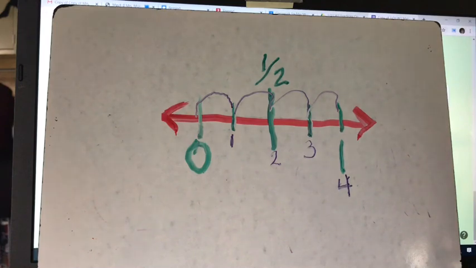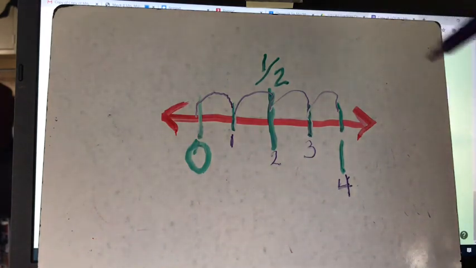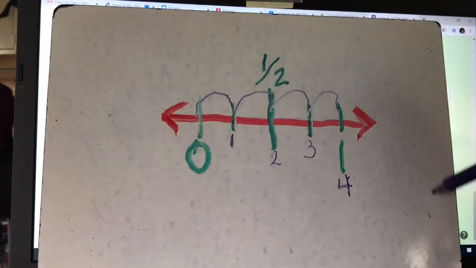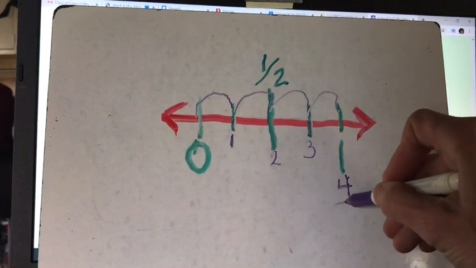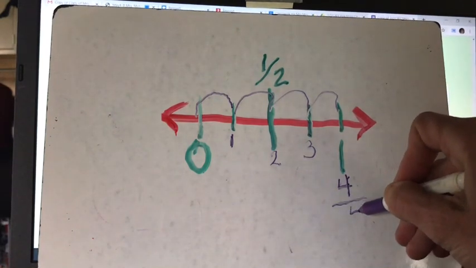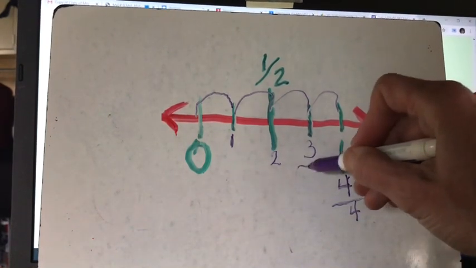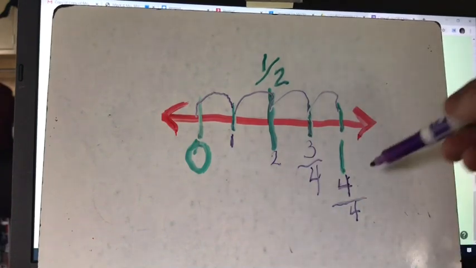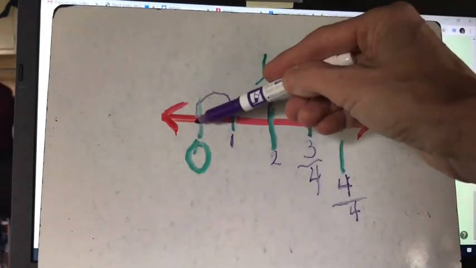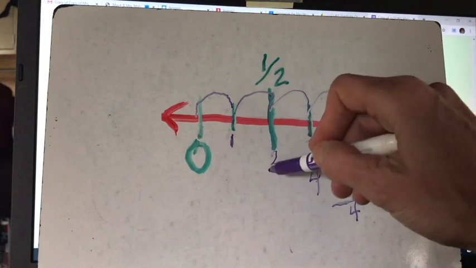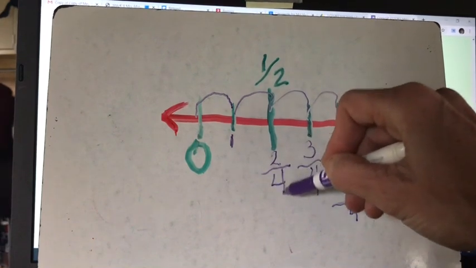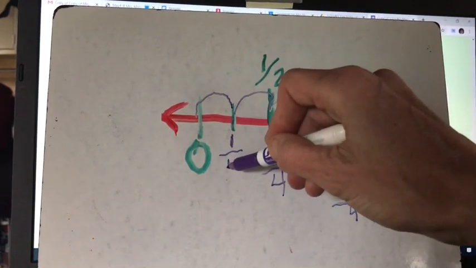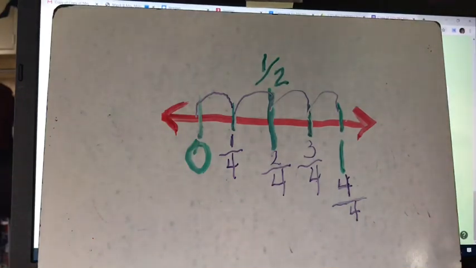Now remember on the last problem, when we counted how many pieces total there were, that was the denominator, or the number on the bottom. So all of these will have a 4 on the bottom because it took 4 jumps to get from 0 to 1 on this number line. So here's my 4 for the down, or the denominator.